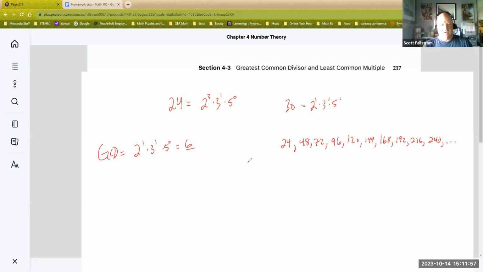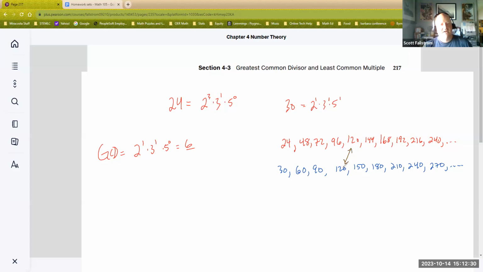Now let's make multiples of 30 down here. 30, 60, 90. This is a little bit easier, right? 120, 150, 180, 210, 240, 270, and so on. Now look at these two sequences. Do they ever overlap? Do they ever have anything in common?